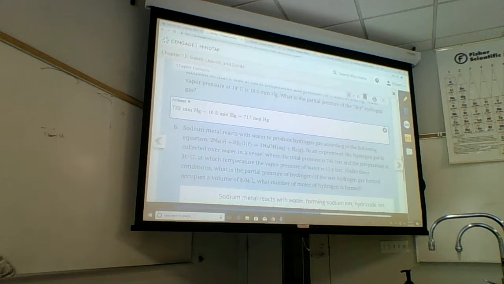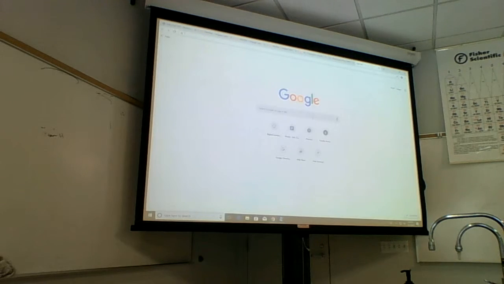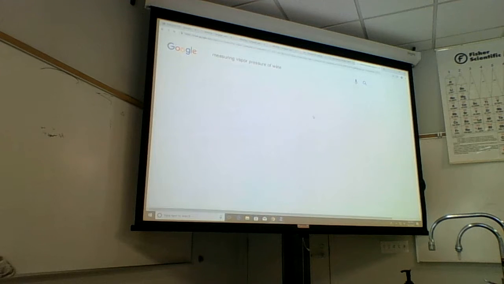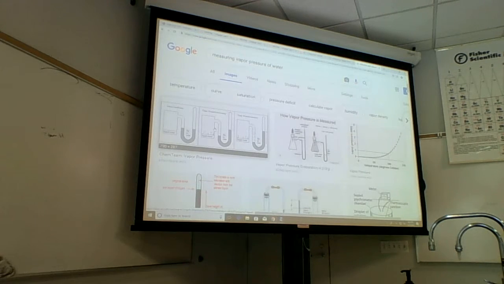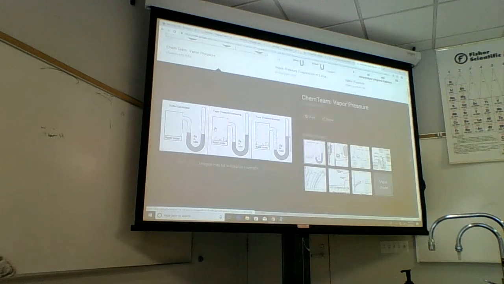Now, the pressure of the water vapor is interesting because the pressure of the water vapor only depends on the temperature.